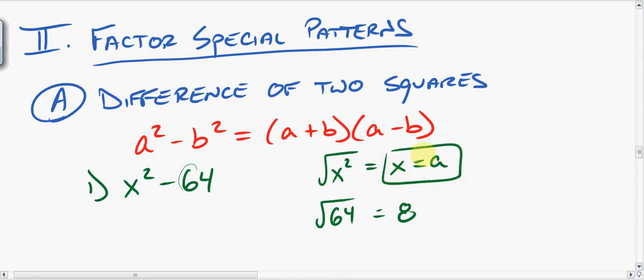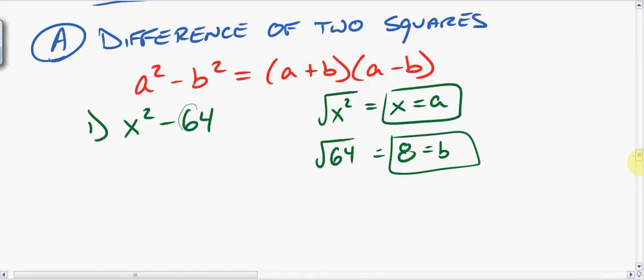So when I start plugging into this formula, wherever I see an a, I'm going to plug in an x. 64 is in the spot of b squared, so when I take the square root of b squared, I get b. Take the square root of 64, I get 8, so that must mean 8 is in the spot of b. So 8 is going to go wherever I see a b.